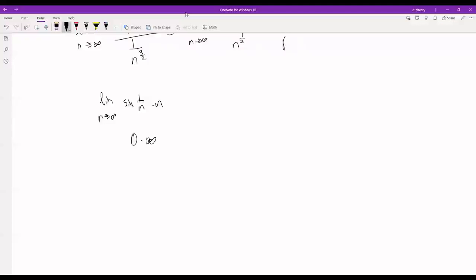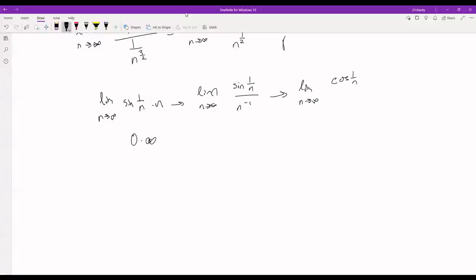So we're going to use L'Hopital's rule. Or first, I guess we'll convert this into a form that looks like this: sine of 1 over n, over n to the negative 1. Now we'll do L'Hopital's rule and take the derivative of the top and the bottom. So the derivative of sine of 1 over n is cosine of 1 over n, but then obviously we have to do the chain rule.